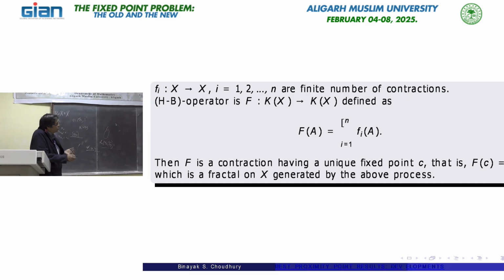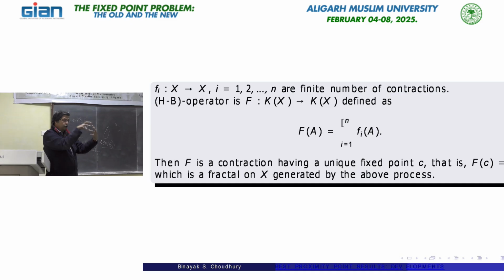And if you look into this equation and see that there is a point C where F(C) is equal to C, what happens? Everything is changing with Fi, but when you are applying F on A, the intermediate things are not visible. Got my point? I have a circle like this. This is F1, it rotates, F2 it rotates, F3 rotates in the reverse direction by pi, 3 pi, and so on, whatever it be.